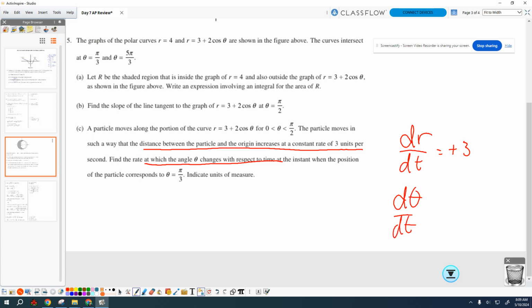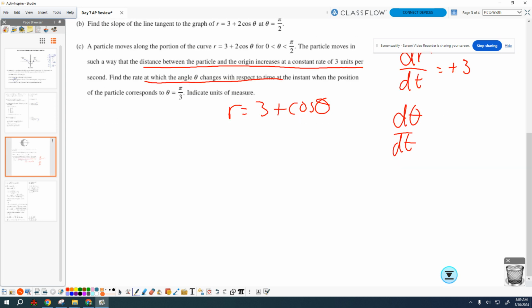Okay. How are we gonna find that? Like, what equation do you have to start with? r. Okay. Kai, what do I do with r?